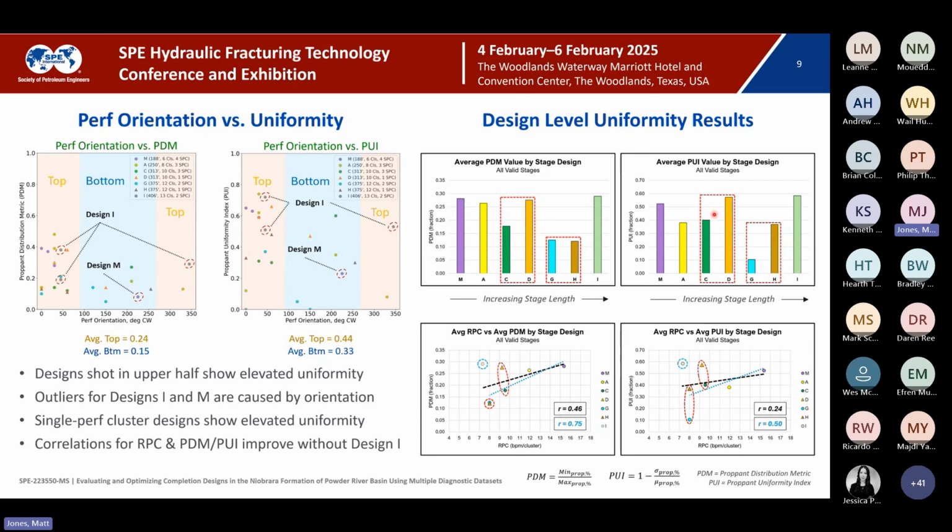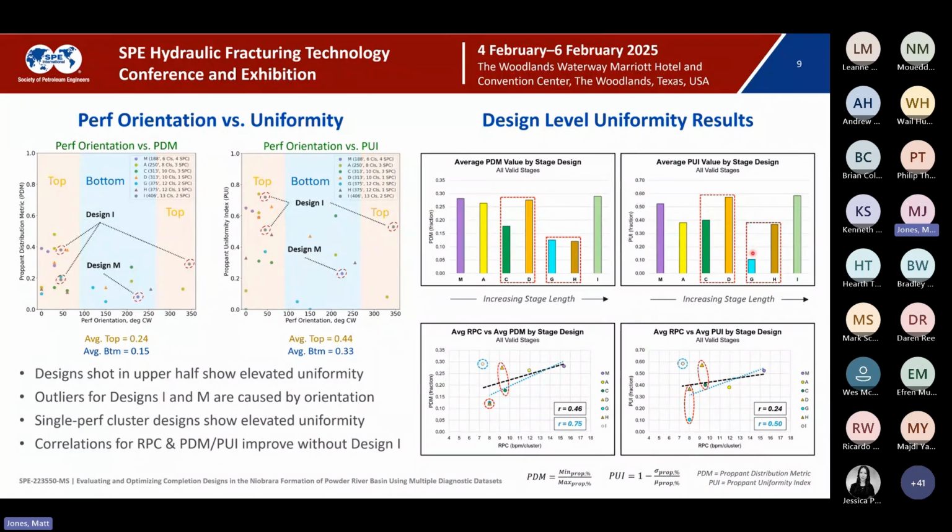When we look at pair 1, C versus D, we see an uplift in treatment uniformity. And remember, the only difference between design C and D is the perforating strategy. C has multiple perforations per cluster. D has 1 perforation per cluster. So we see an uplift strictly as a function of changing our perf strategy. When we go from pair 1 to pair 2, we can see a drop off just categorically in uniformity.